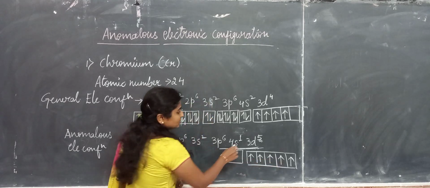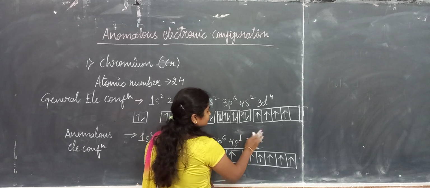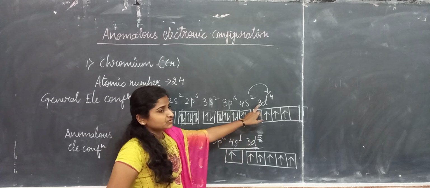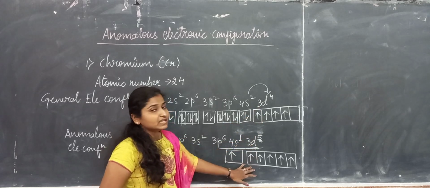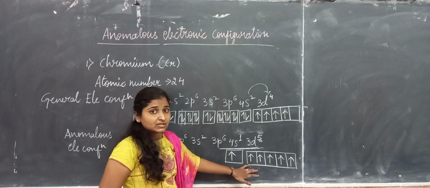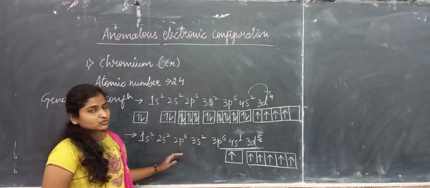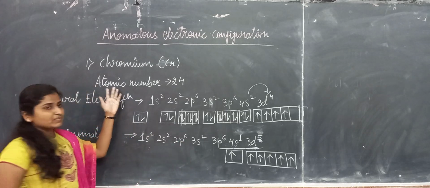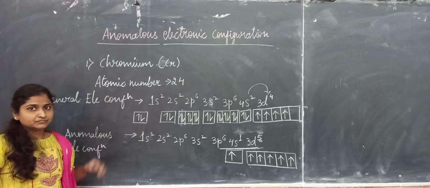When 1 electron shifts into the 3d orbital, the 3d orbital becomes exactly half-filled in order to get greater stability. So this is the reason chromium shows the anomalous electronic configuration.